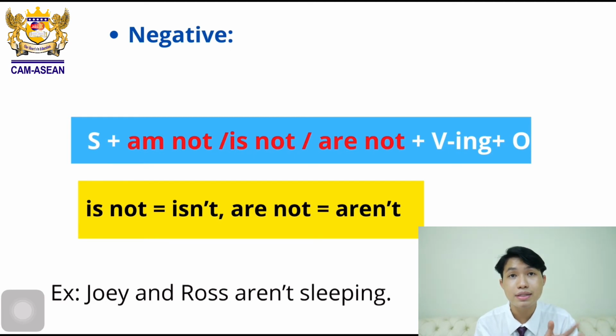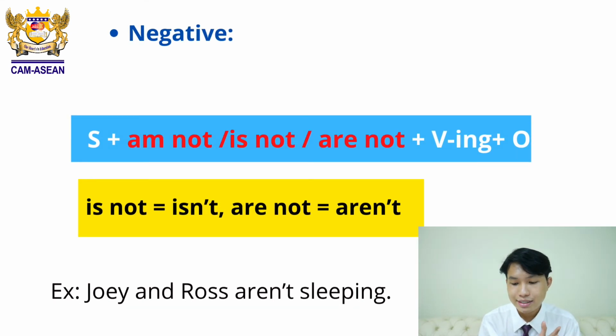Joey and Ross, there's two people in this sentence, okay? So it needs to be aren't or are not because of the negative form, okay? So Joey and Ross is a subject and followed by aren't or are not, and then followed by verb ing, right? Sleeping, you add ing at the end of that verb.